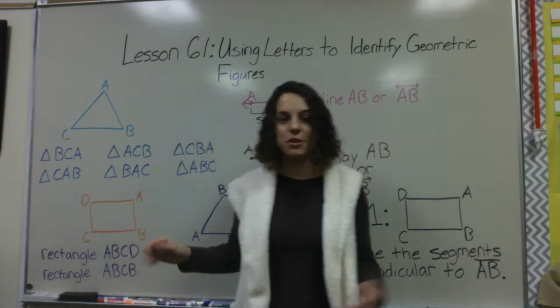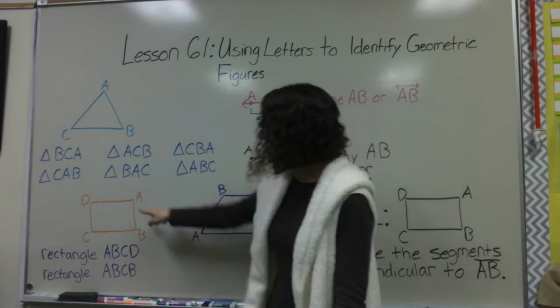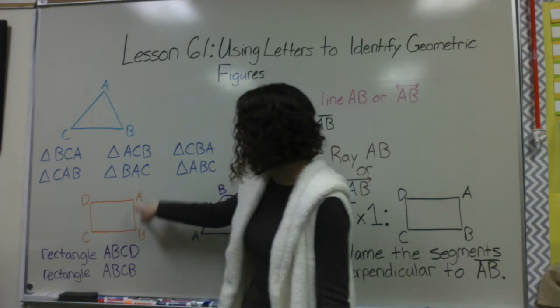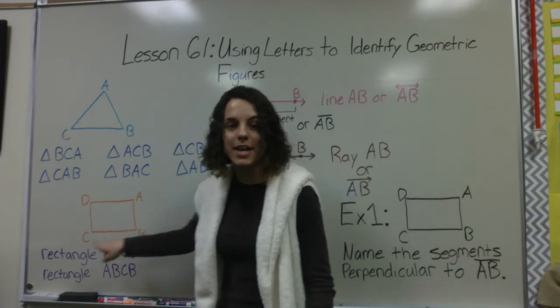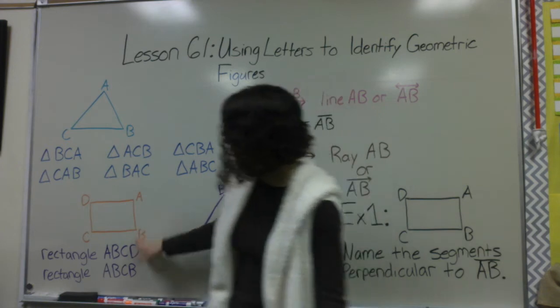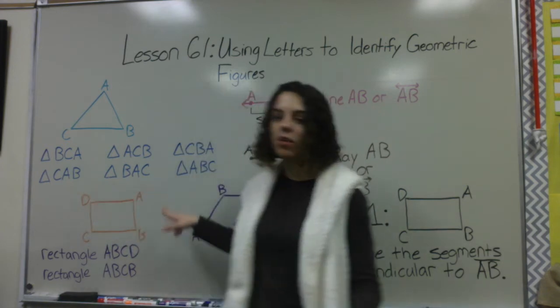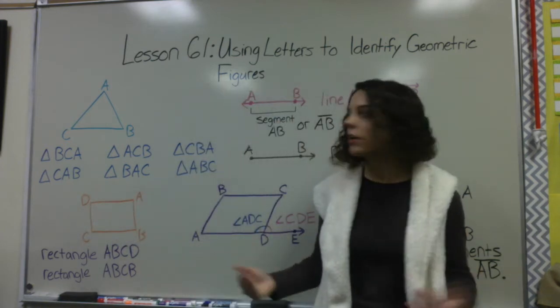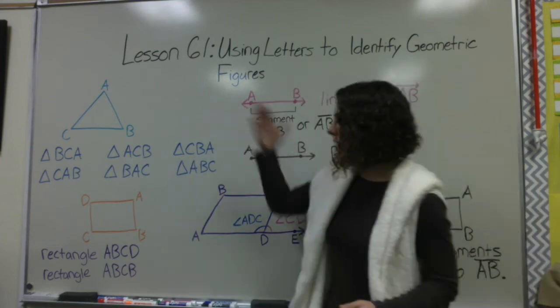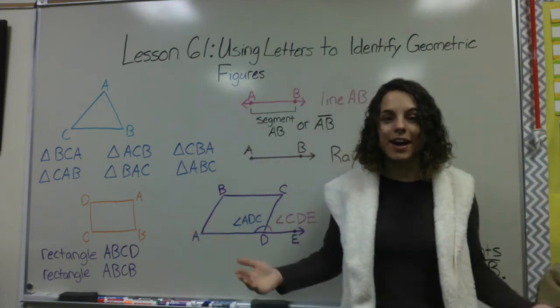That is a huge no-no in math. So you must follow the lines and connect it because this is the rectangle that I'm basically naming and following along with the vertices in order.